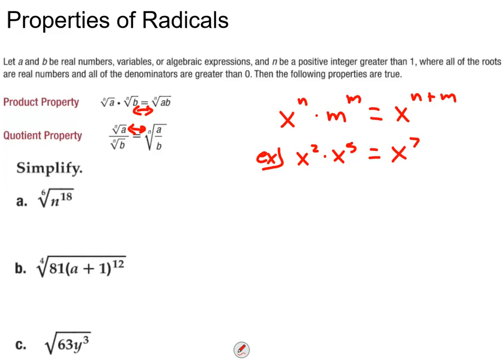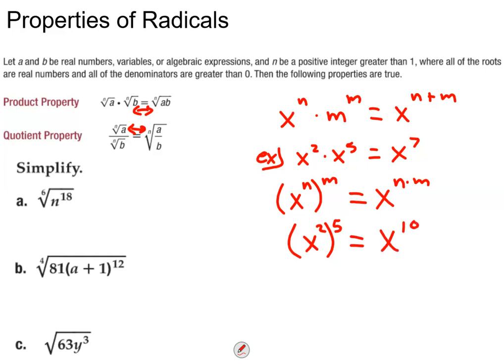Another one would be if we had parentheses and we're raising that to a power, x to the n, raised to the power of m, we would multiply those, so that's n times m. If we use the same exponents, x squared raised to the 5th, that's x to the 10th because we're multiplying those.